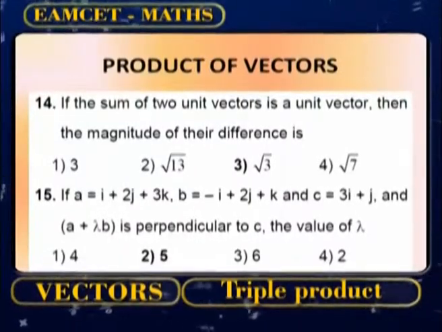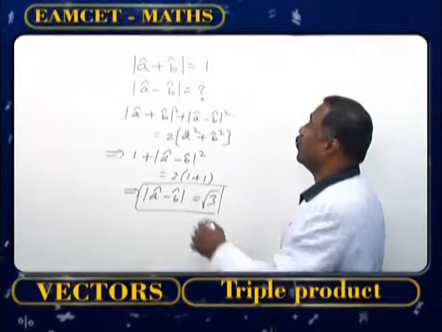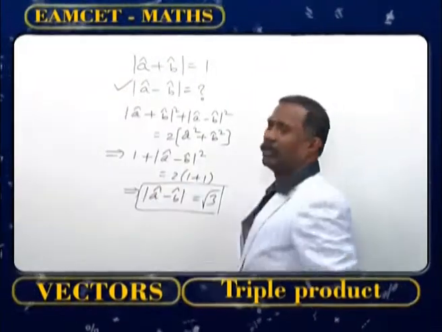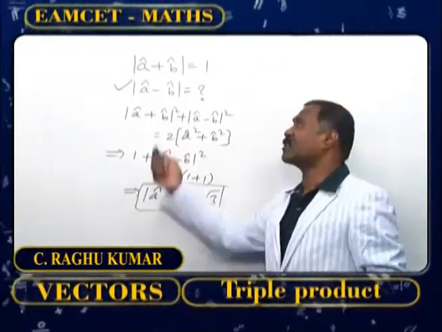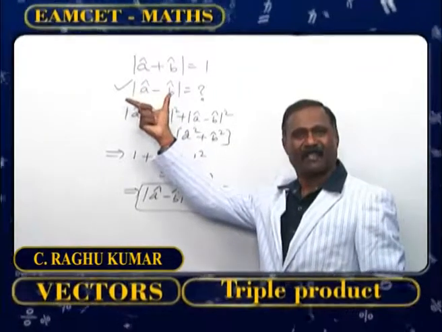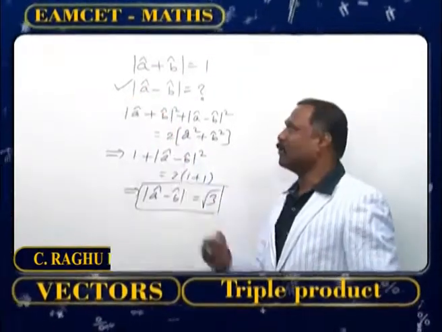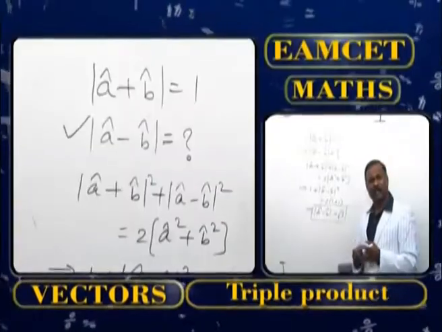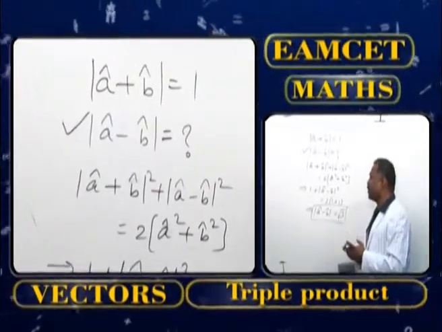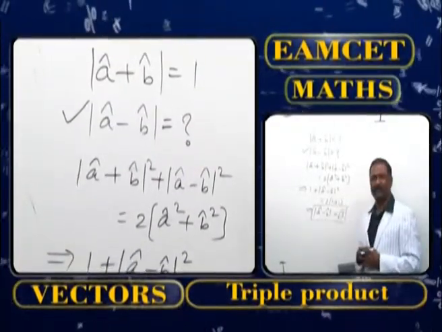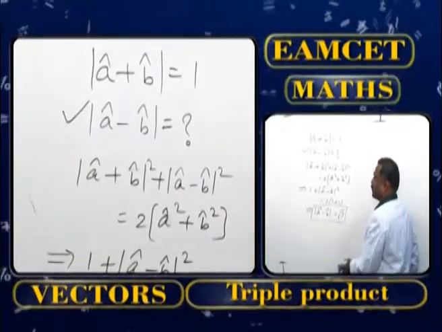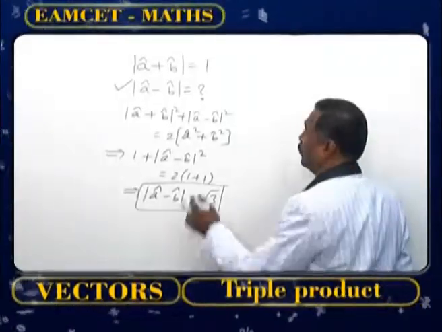Understand, whenever you want to find out the modulus of any vector, you cannot directly split it. That is why whenever you want to find out the modulus of any vector, you have to always take its square. Why? Because I'll discuss this very important point here.